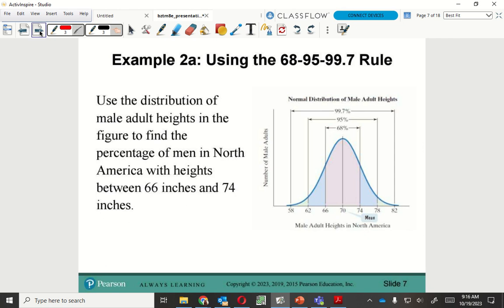In between here and here, what percentage is all of that? 68%. So 68% of all adult men in North America are within that range. Does that make sense? Anyone got questions? Super easy, right?